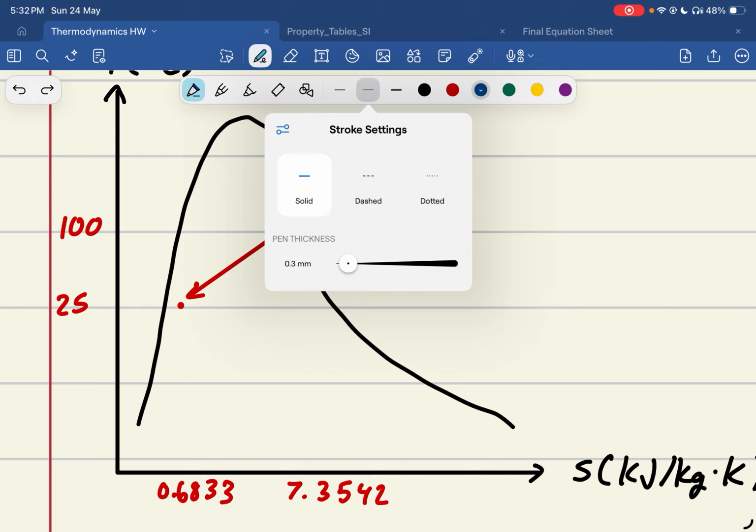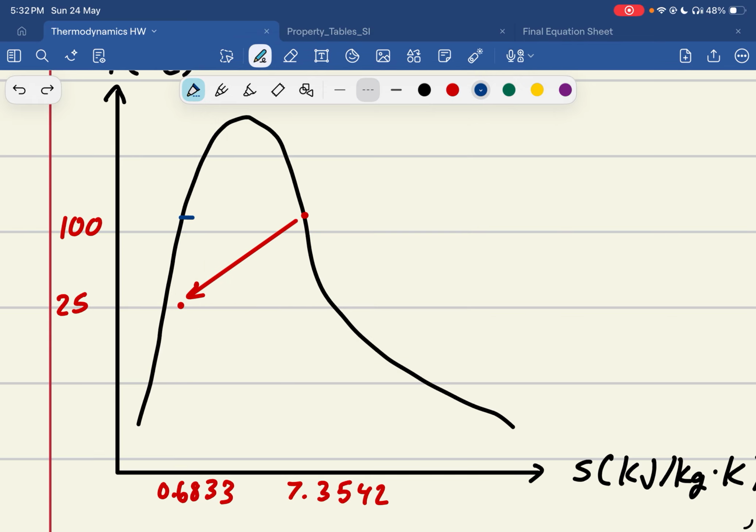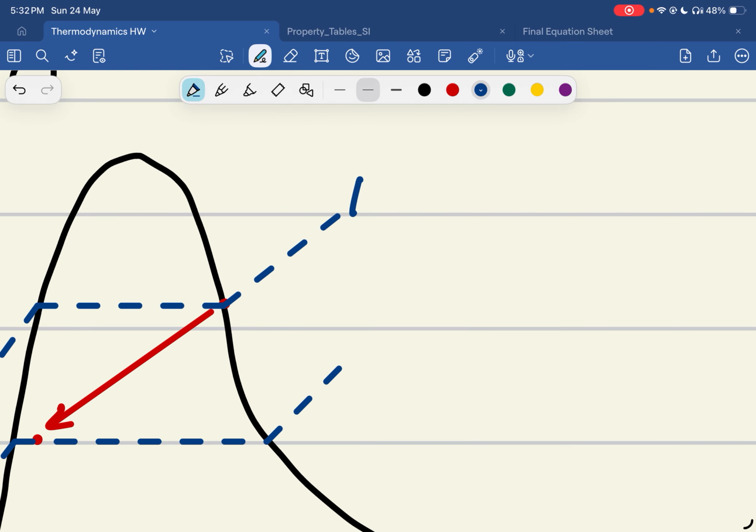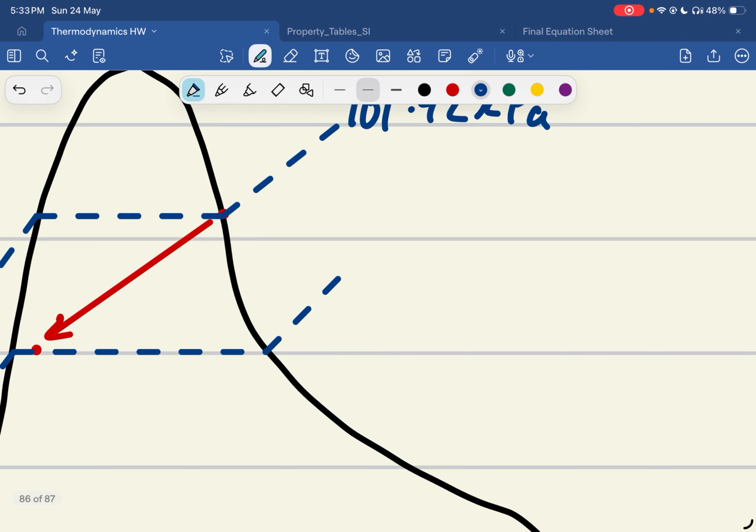And then our pressures are the same as before. This is 101.482. And this is 3.1698 kPa.